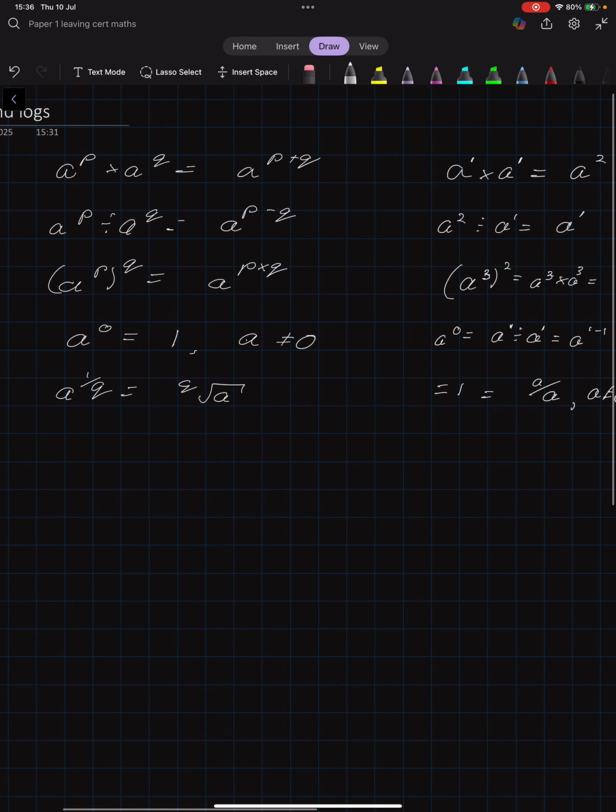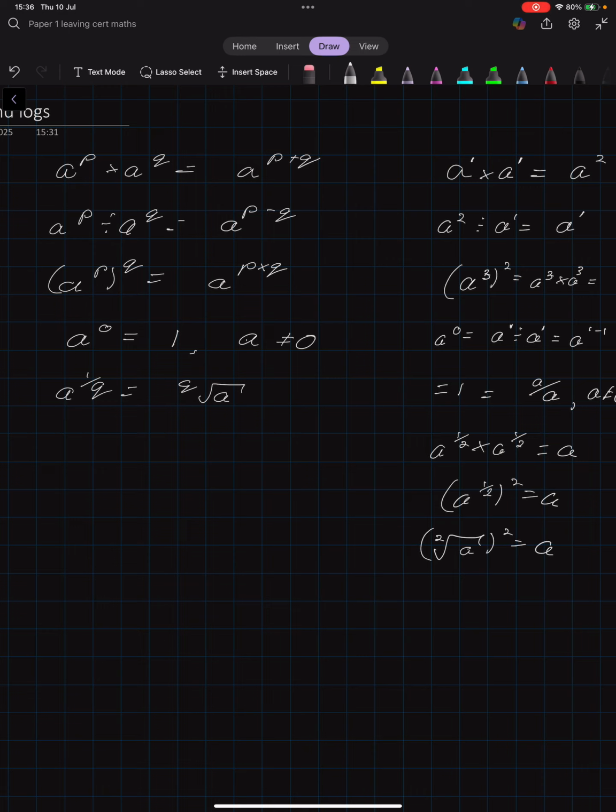It's kind of like if you have a to the power of a half multiplied by a to the power of a half, that's equal to a. So it's a to the power of a half squared is equal to a. So therefore a to the power of a half is the square root of a. So that's where you get this rule from. Okay, so if it's a to the power of a half, it's just a square root.